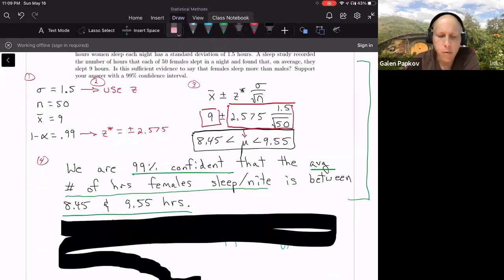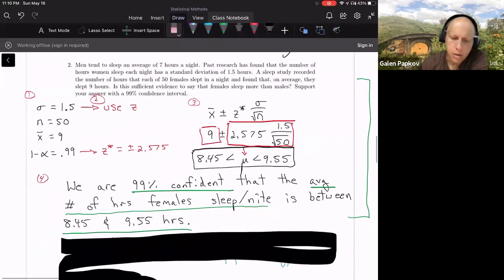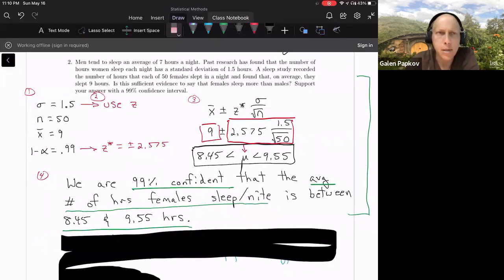Now, the question that we want to answer, that is the interpretation, but is this evidence that females sleep more than males? And so there's a detail in here which may have bugged you, and that's the number 7. You might have felt like, oh, it's got to be something. And what that is, is your average hours that males sleep in a night.